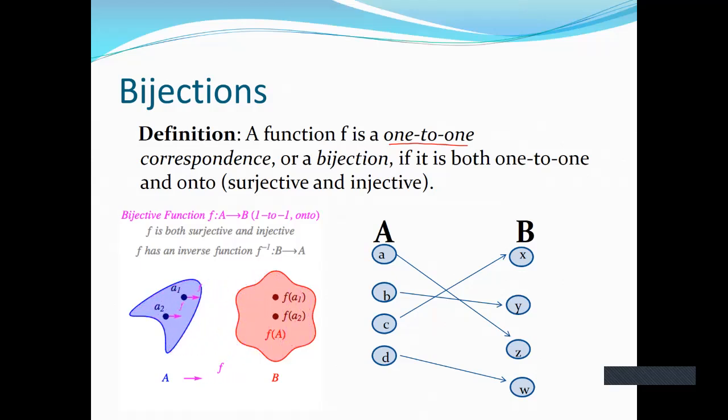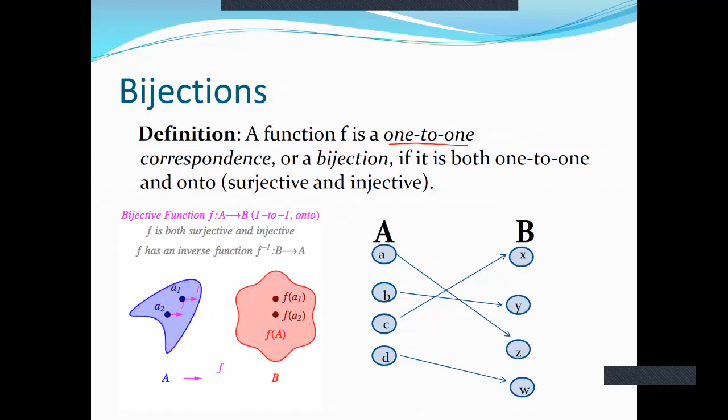So for example, in this example you can see it is injective. Injective means one-to-one. You can see X has only one pre-image, Y has only one pre-image, Z has only one pre-image, W has only one pre-image. So it is a one-to-one or injective function. And the second condition, surjective: no element is left in set B that does not have a pre-image in set A, so it is also an onto function.